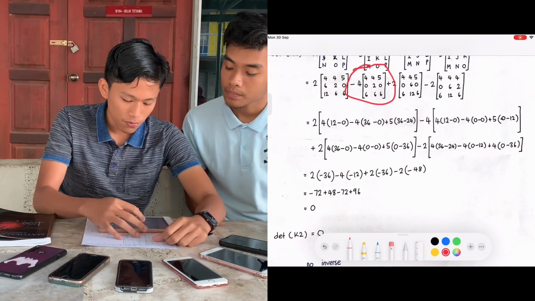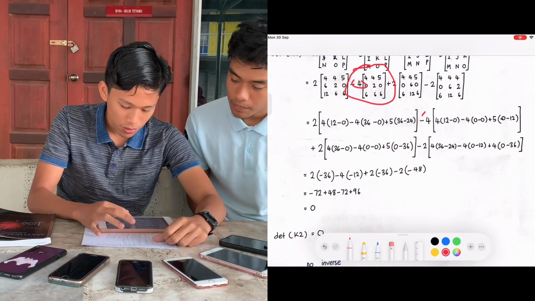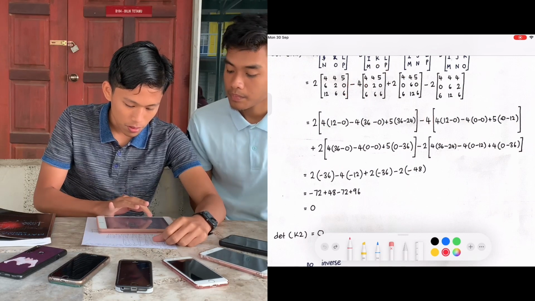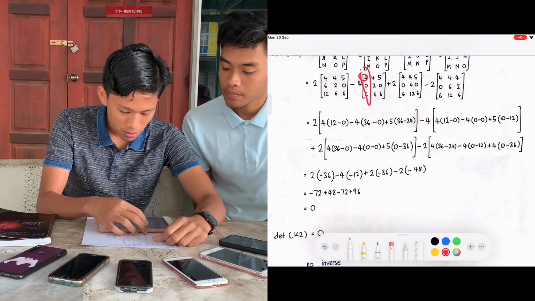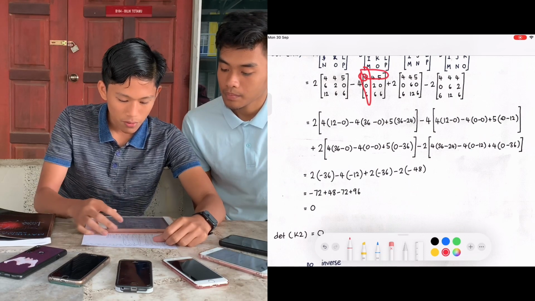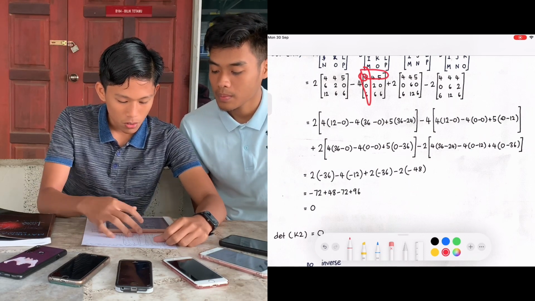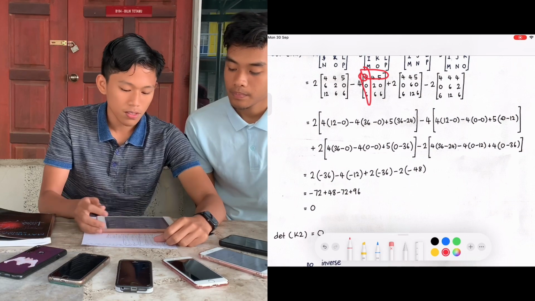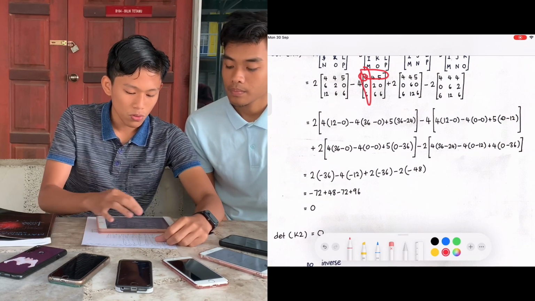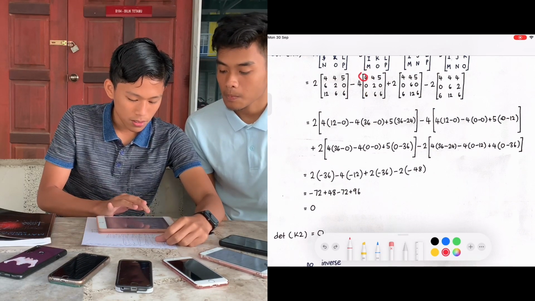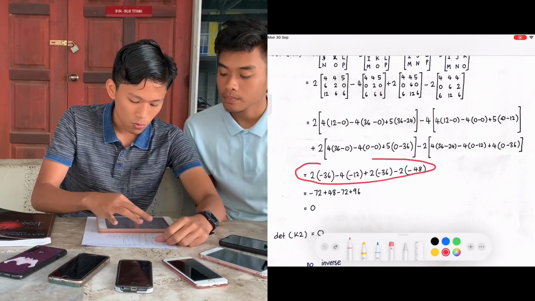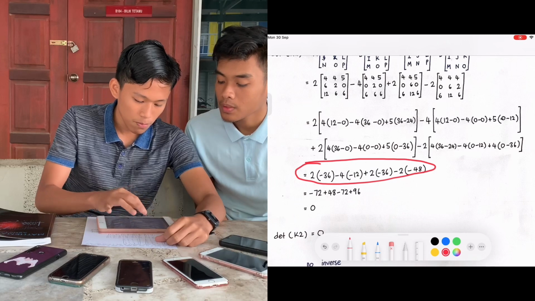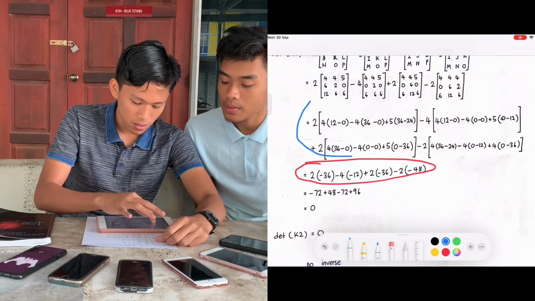We take the 4 and put it here, and we take this 4 and cancel this and take whatever is left, and we do the same thing, AD minus BC. So we continue until the last, and we will get this when we simplify this.